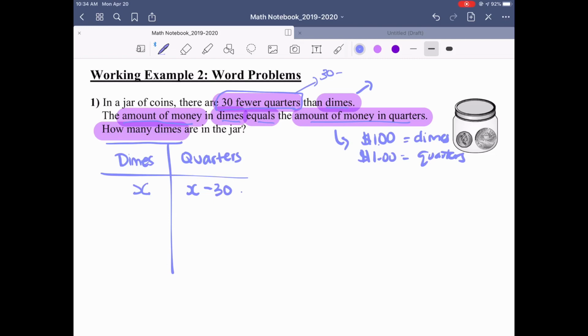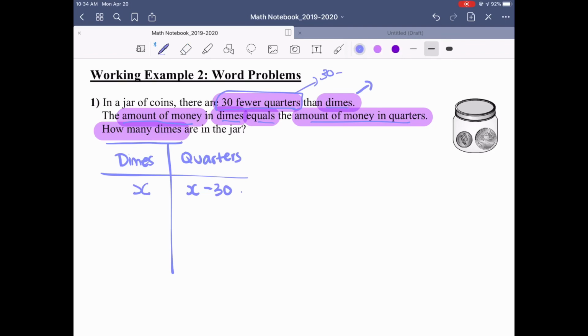Because $1 in dimes means we have 10 dimes. $1 in quarters means we have 4. So we have 10 for dimes and 4 for quarters in order to make $1. So there are different amounts of each in order to make that value of $1. But the value is the same. So I'm just going to erase this so we don't get confused. The value is the same.